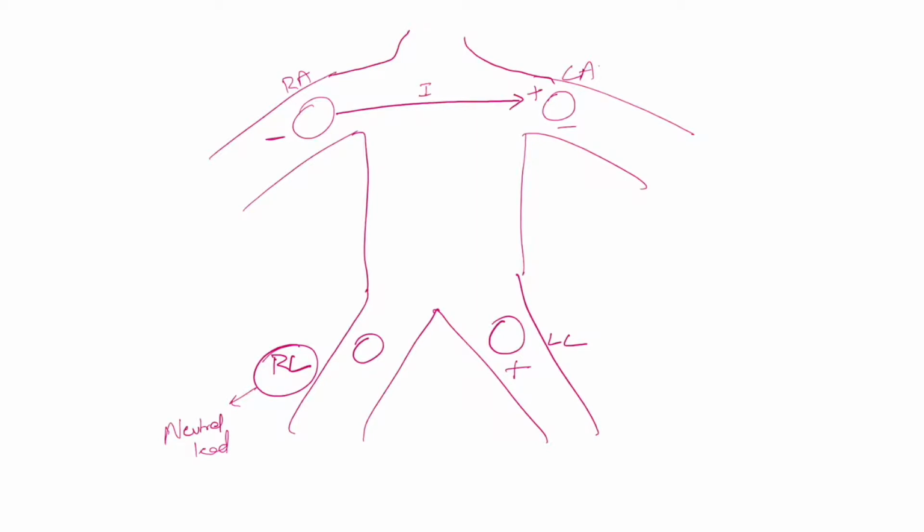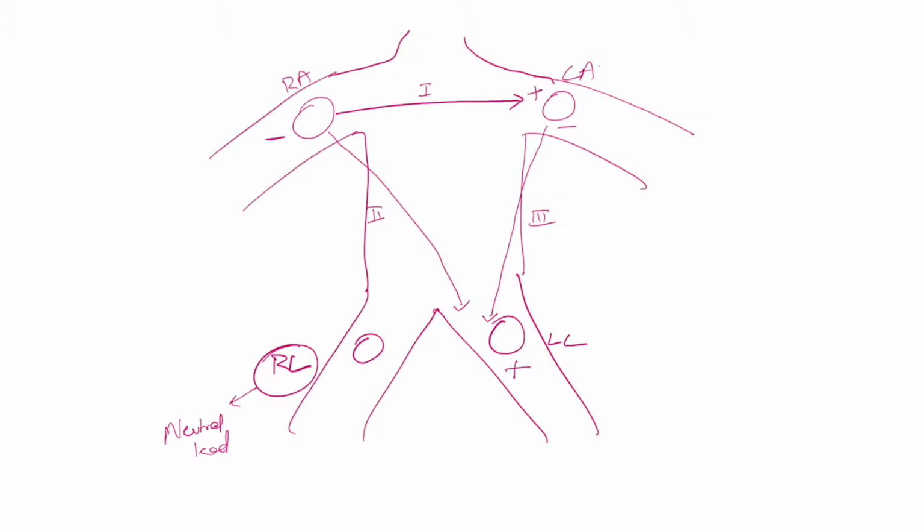Now, if you were to connect the left arm and the left leg, you would have something that looks like so, and if you were to connect the right arm, you would have something that looks like so. So the right arm and left leg would be lead 2, and left arm and left leg would be lead 3.